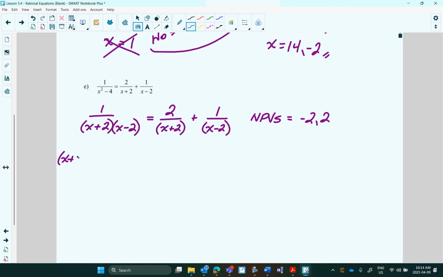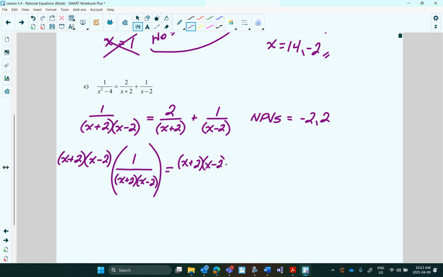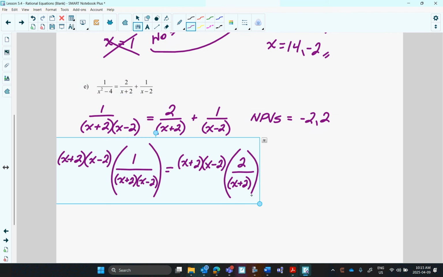So x plus 2, x minus 2 times this first fraction equals x plus 2 times x minus 2 times this one plus one more time x plus 2 times x minus 2 times the last fraction. So you see these things can get a little big.